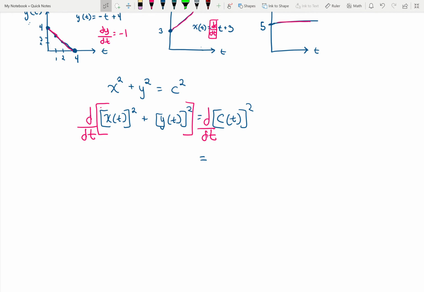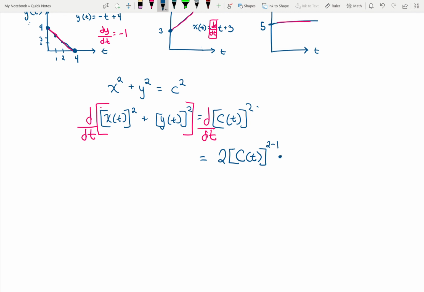So the thing about this one is we have implicit differentiation and we got chain rule all around. So let's start with the left-hand side. What I'm going to do here is drop the exponent, multiply it by the inside function. We're doing a chain rule right now. And I take 1 away from the exponent.